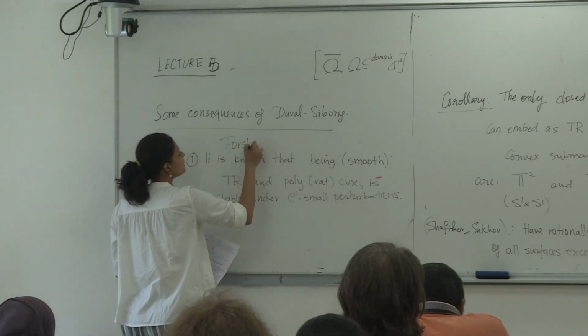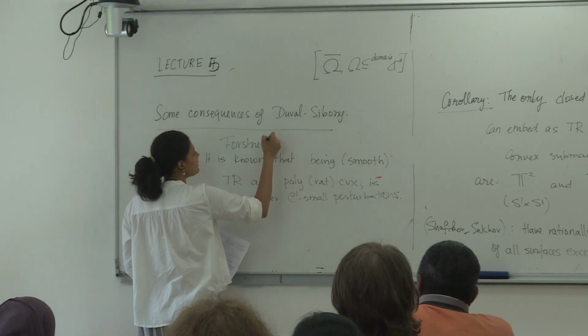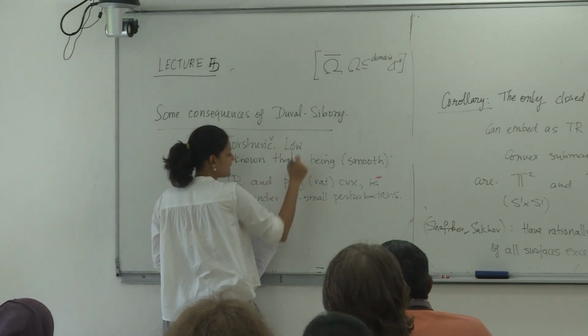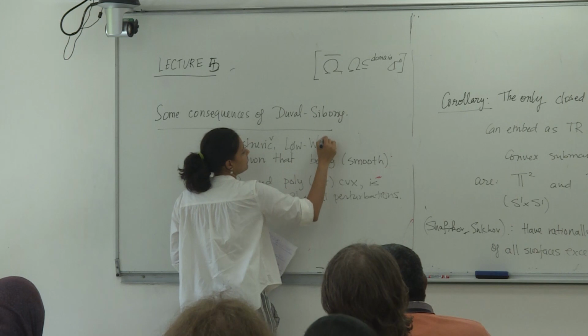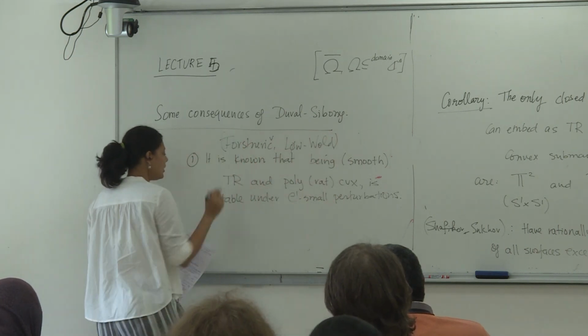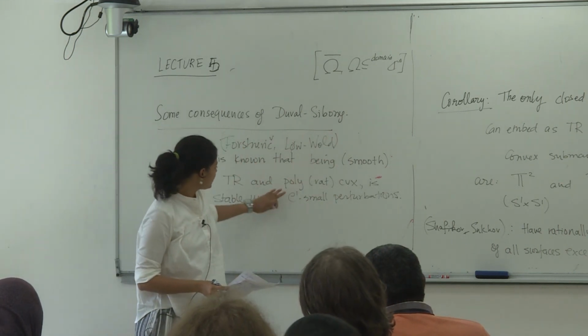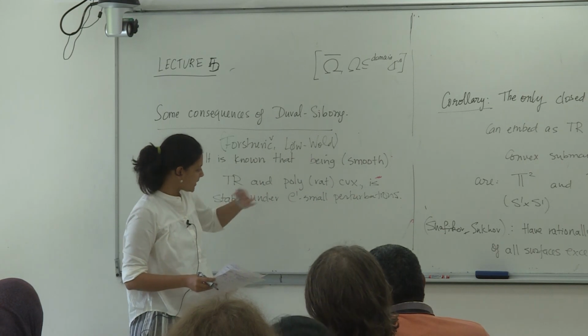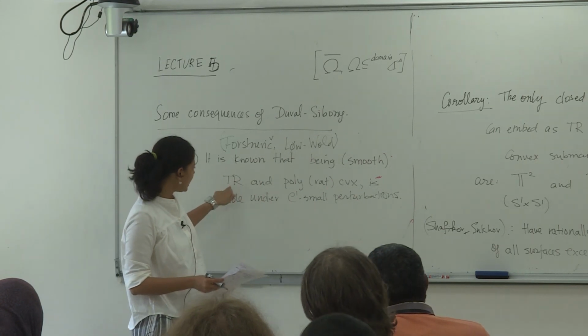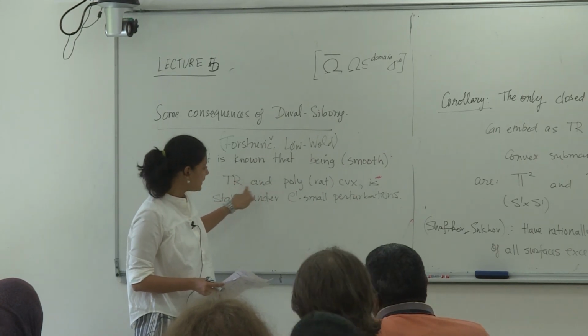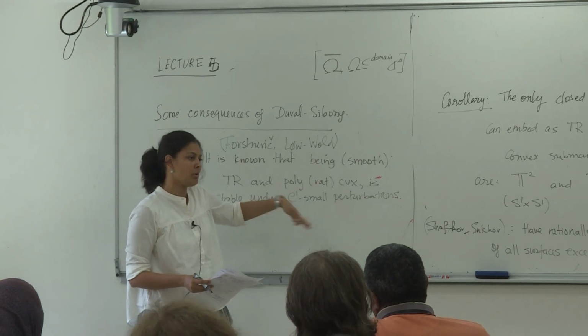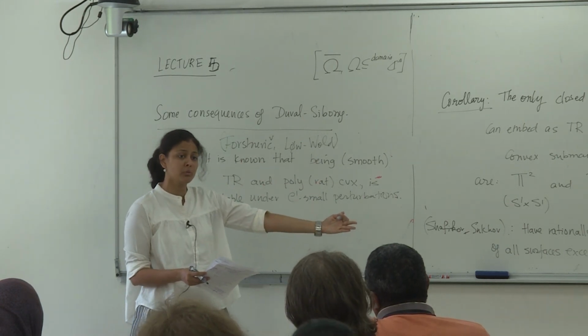So this goes back to Forstnerič, and then the C1 part comes from Løw and Wold. So once you have this, then this is stable, and C1 small perturbations are going to maintain being both totally real and whichever convexity you have. So that means your approximation problem will also be preserved.